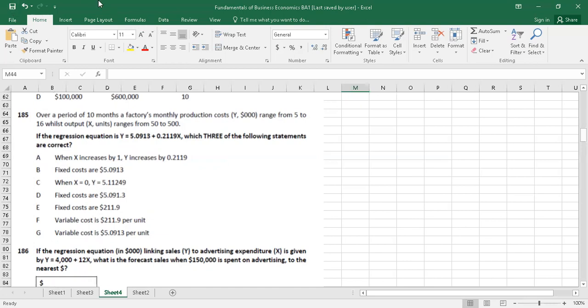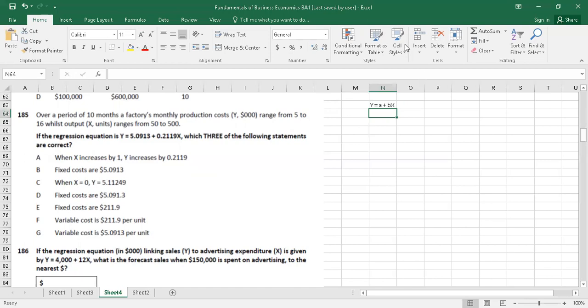When we have an equation, I am writing it here. There is an equation y is equal to a plus bx. Generally, this is used to establish the relationship between the dependent variable and the independent variable.